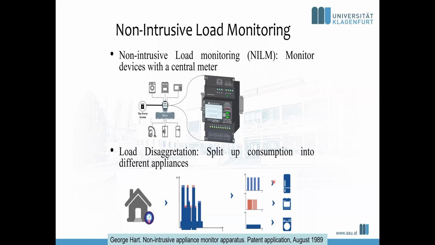And now for the algorithms, okay, what would be an appropriate algorithm? So there are different approaches to this. So this is a research field on its own. It's very interesting. So a standard approach would be to just model the different devices based on their average power consumption. Then we look at the overall power consumption and try to find a set of devices that basically explain this power consumption.